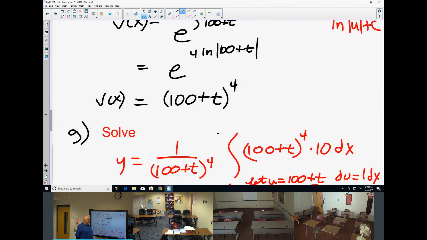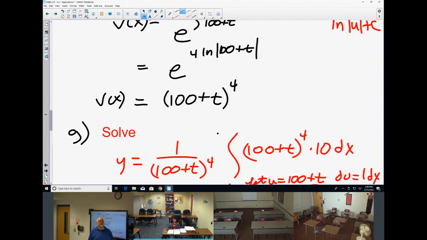Okay, so now this integral, if you bring the 10 in front, what would be the integral of 100 plus t to the 4th? What's the integral of x to the 4th?